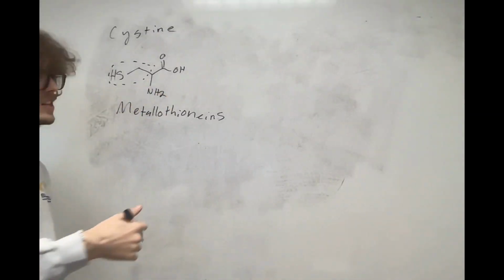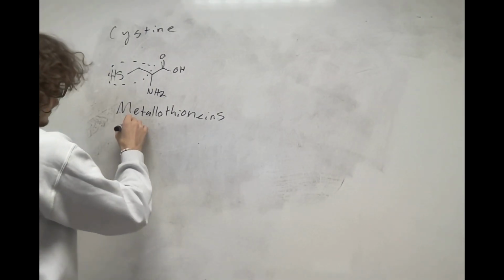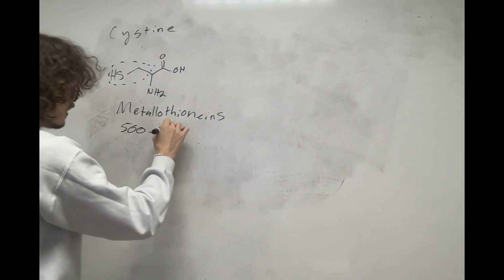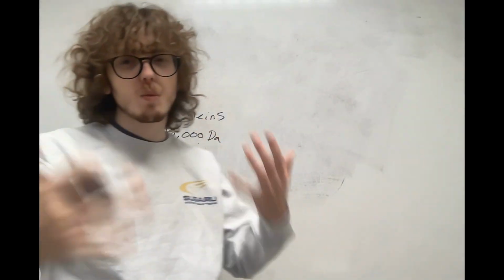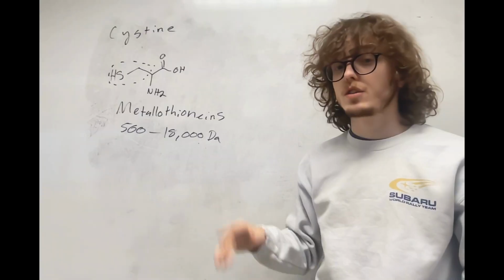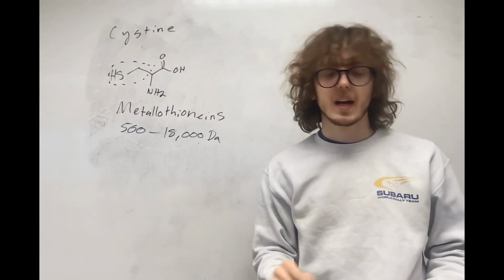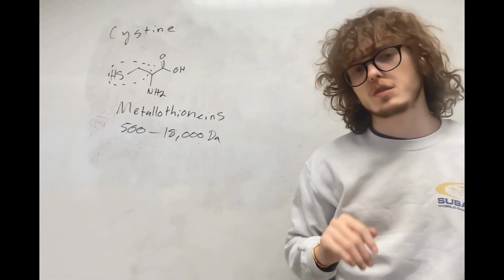So kind of a big word, but what they are is these big webs of cysteine residues put together, about 500 Daltons to 18,000 Daltons. So these humongous webs of cysteine are going to encapsulate, as we'll find, these heavy bad metals for our body.